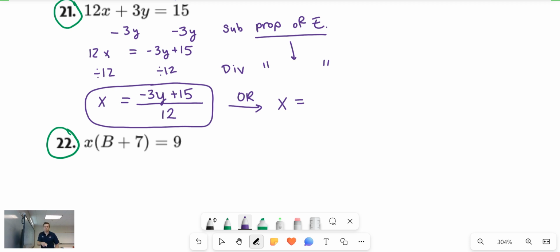If you want a challenge, pause the video right now, because I'm about to show it. Negative 3 divided by 12 is the same as, can we divide?